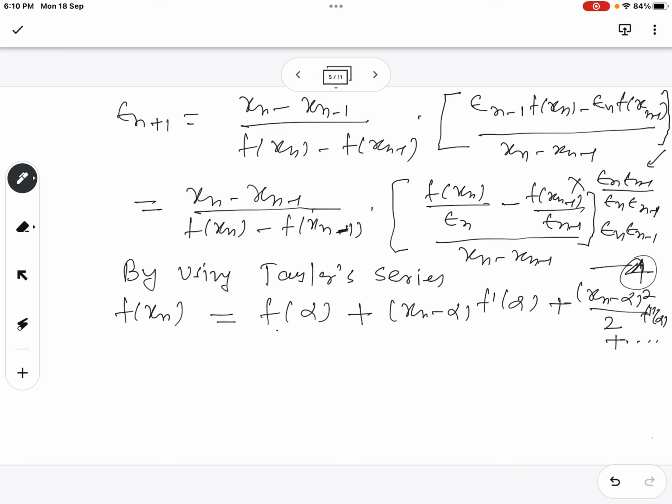Now because this is the root, f at alpha is equal to 0, and hence I can write down, and this can be written as nth error.